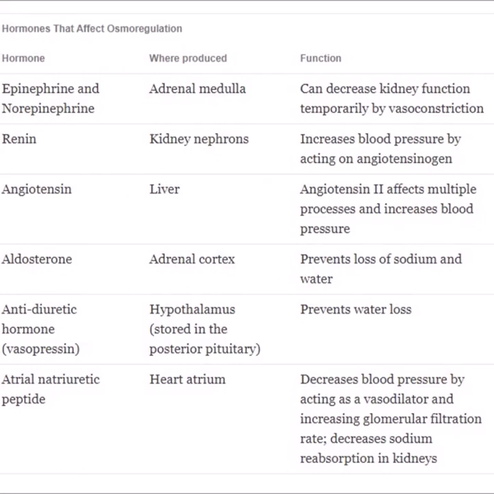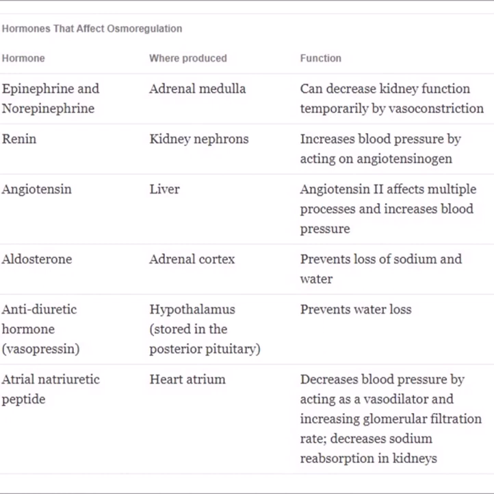Atrial natriuretic peptide also prevents sodium reabsorption by the renal tubules, decreasing water reabsorption, thus acting as a diuretic and lowering blood pressure. Its action suppresses the actions of aldosterone, ADH, and the action of renin.